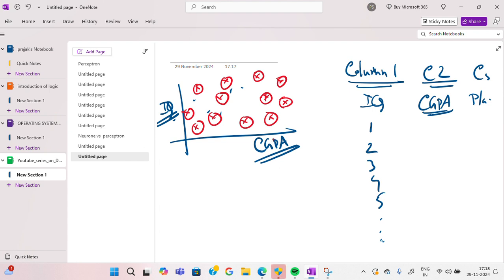So this is the case if our equation is z is equal to ax plus by plus c.